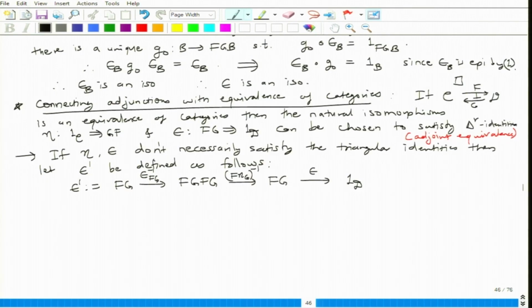Yeah. So, here you just have to note something. Note that epsilon sub FG is equal to FG epsilon since epsilon composed with FG epsilon is equal to epsilon composed with epsilon FG, and epsilon is monic.